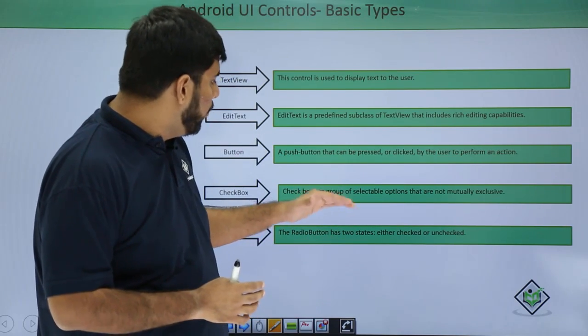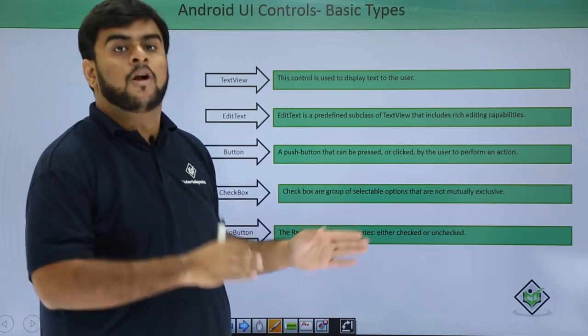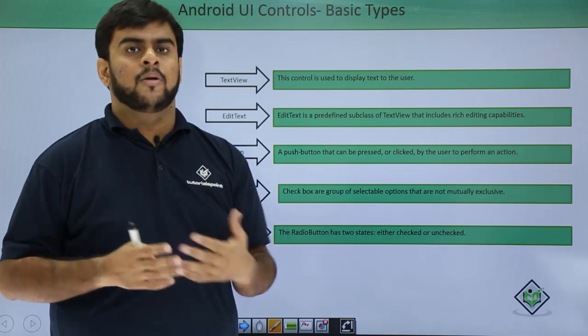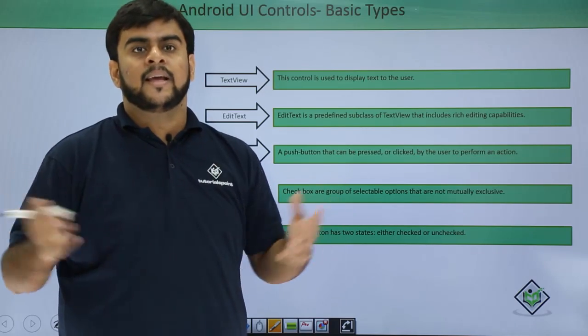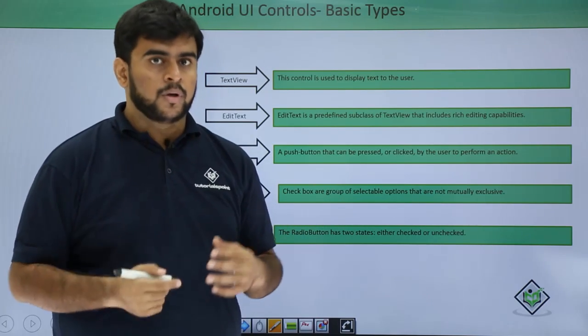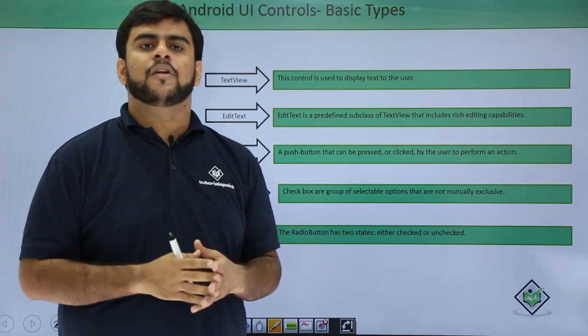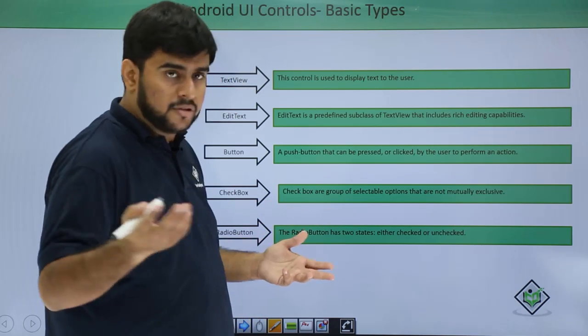Those are a group of selectable options that are not mutually exclusive. By this we mean that they are independent and not dependent on each other. Like in the case of radio buttons, out of the radio buttons only one can be selected, but checkboxes are used when we want multiple options in our user's input.